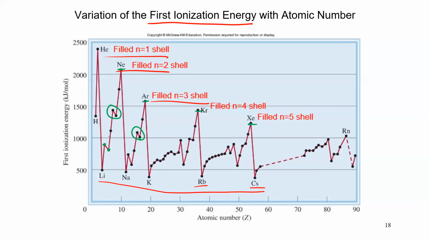That's why these are so high in energy, because all their subshells are full. But what about this little wiggle in between? We have 2p1, 2p2, 2p3, 2p4, 2p5, 2p6. Why is there this little wiggle between 2p3 and 2p4?